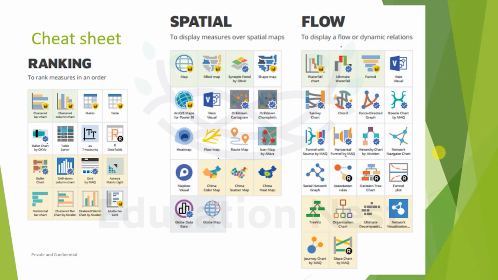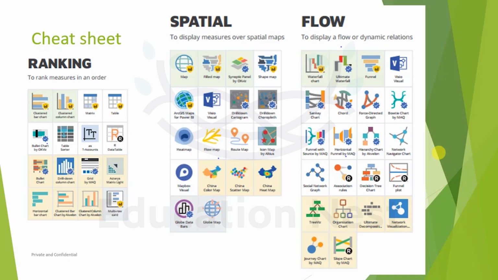Moving on, the next is a spatial chart. Spatial charts are used to display measures over spatial maps. So anything with respect to a geographical region can be handled using these spatial charts. Spatial means geography, and for them you have the map chart, the filled map chart, and the shape map chart available by default.